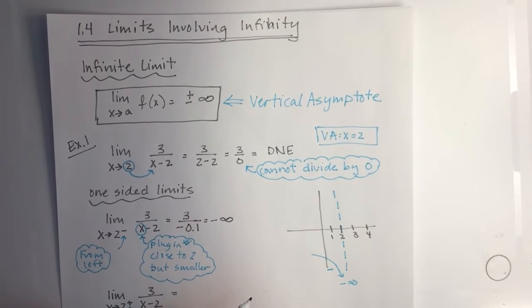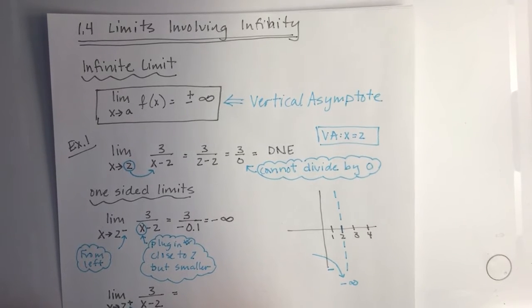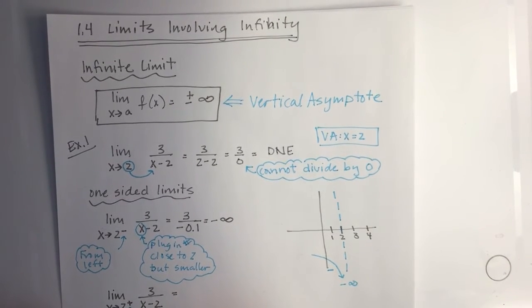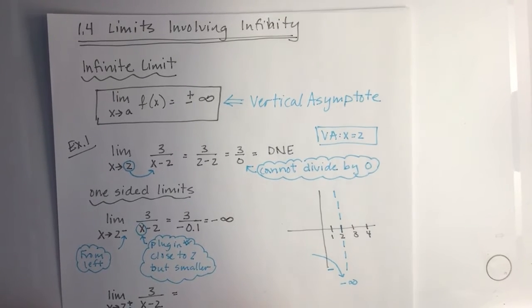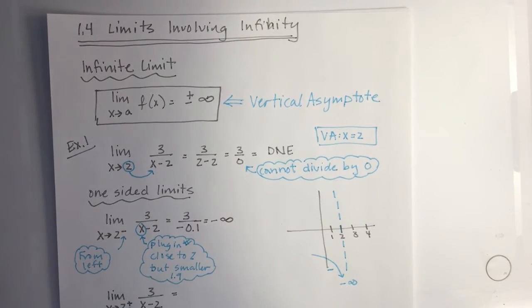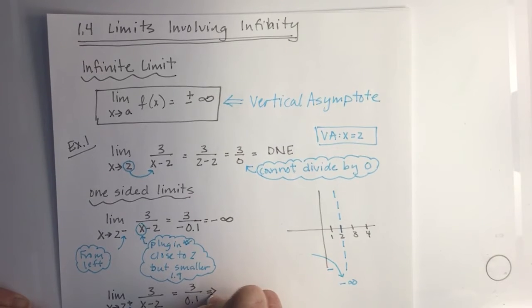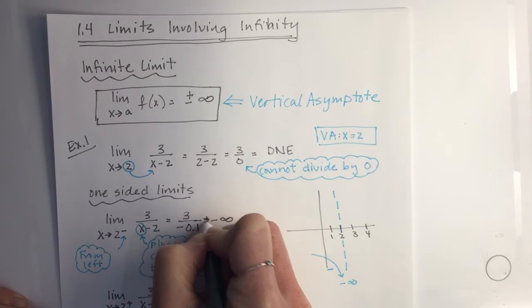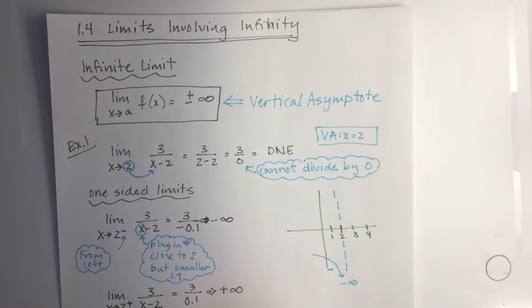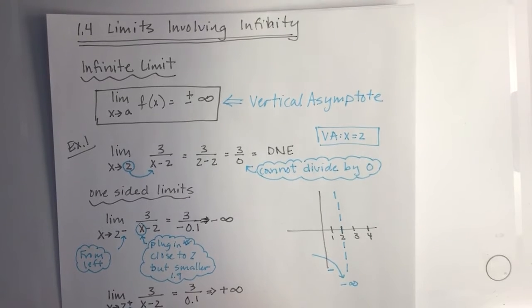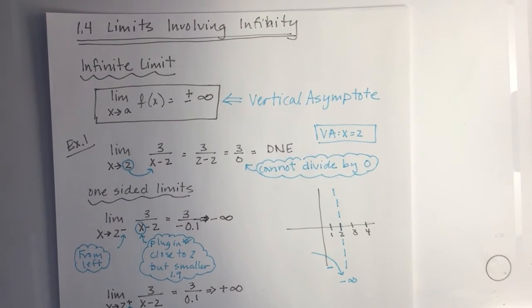Plug in a number close to 2, but bigger, like 2.1. And this one we did 1.9, right? And so now we got 3 over a positive 0.1, which goes to positive infinity. I shouldn't put an equal sign there, should I? I'll put an arrow, right? Because we're just thinking in terms of generalities here.